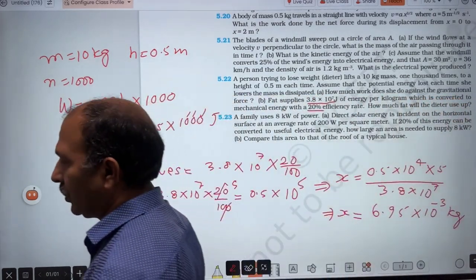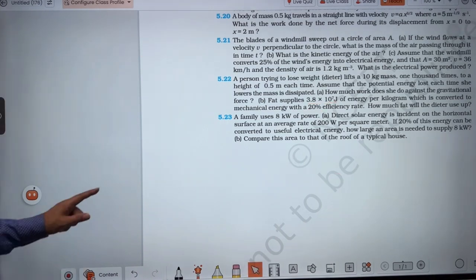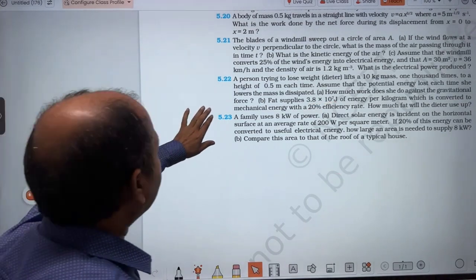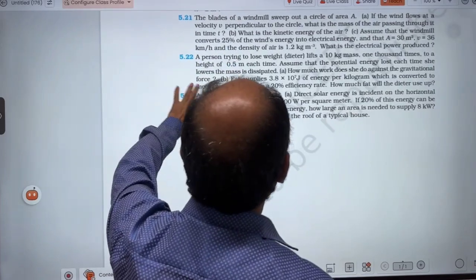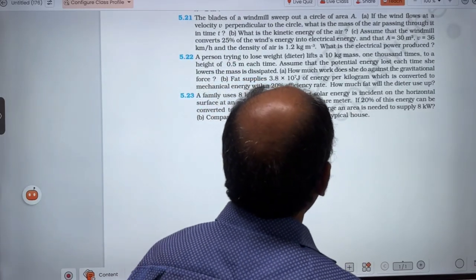I think you have understood. Now we are going to take another question. The next question is, a family uses 8 kilowatt of power.